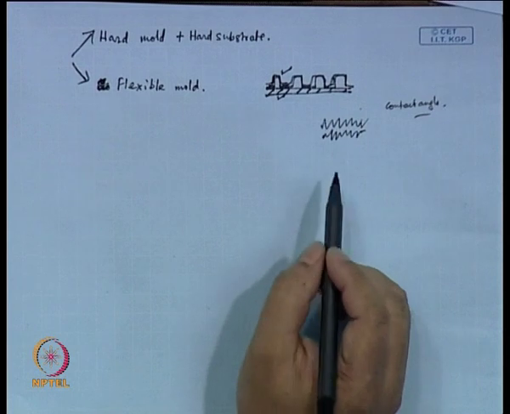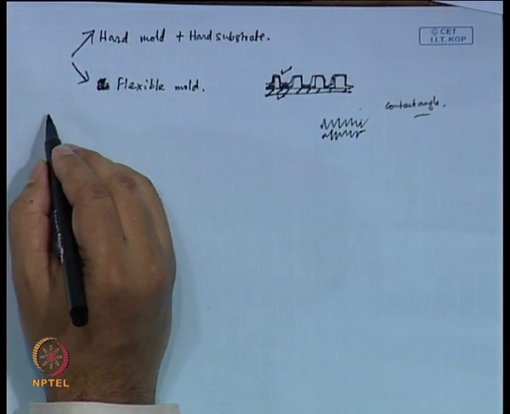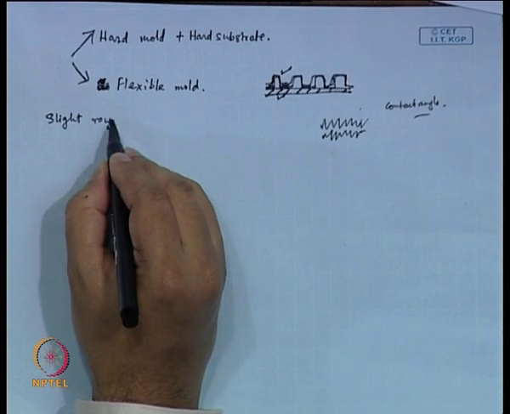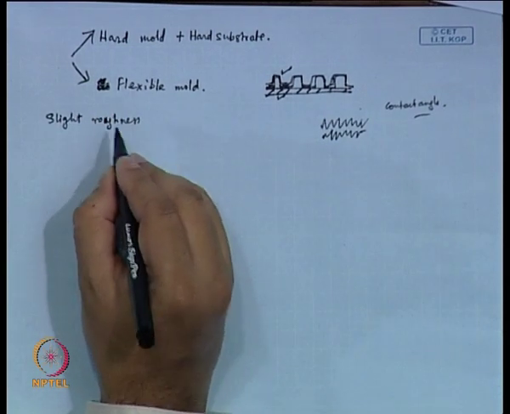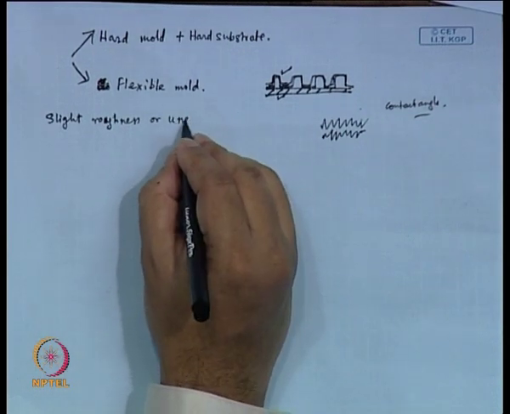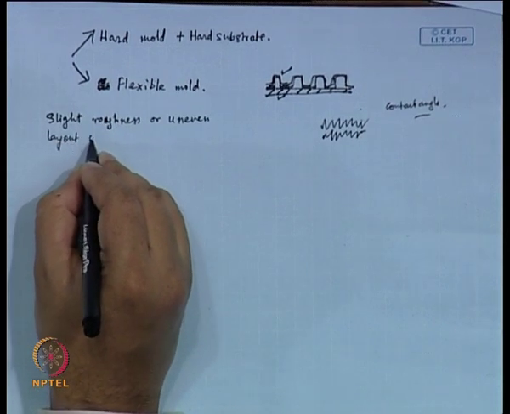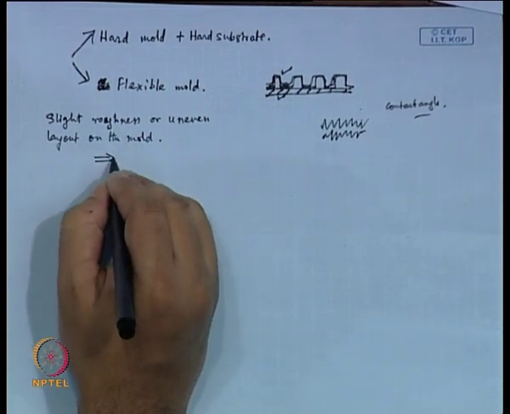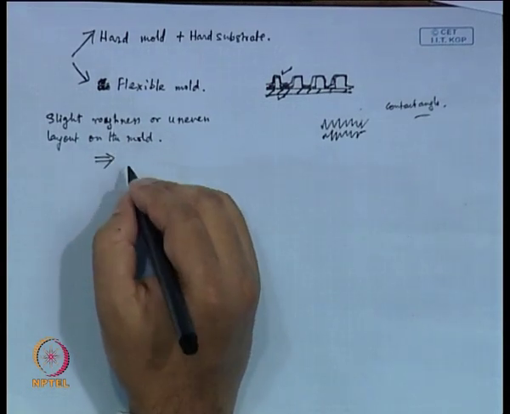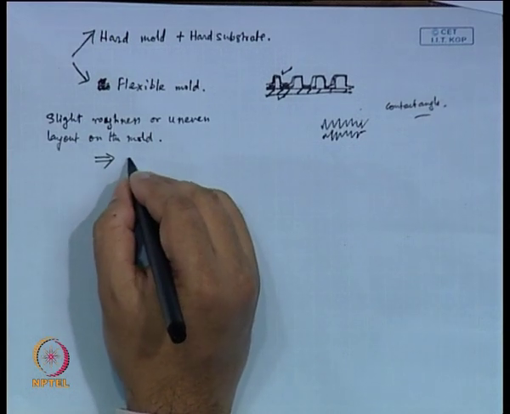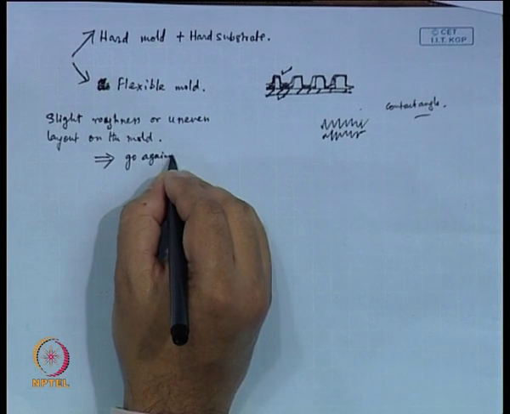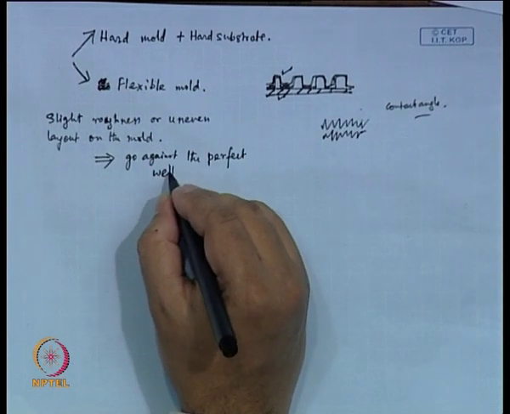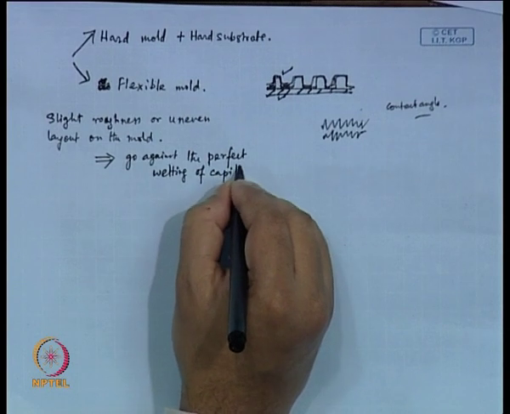So, this particular issue you need to understand: this slight roughness or uneven layout on the mold will go against the perfect wetting of the capillary wall.